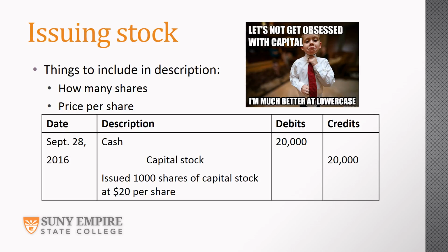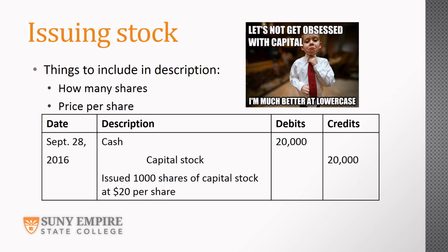As an example, suppose Polly's Plushies needs more funds than the bank loan, so they decided to release additional stock in the company. The general journal entry starts with the date of the stock released, September 28th, 2016. The account being debited is the asset cash, for a total debit amount of $20,000.